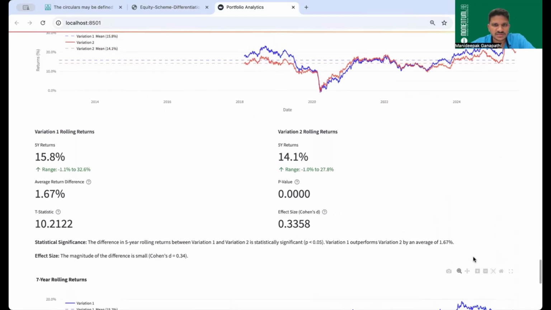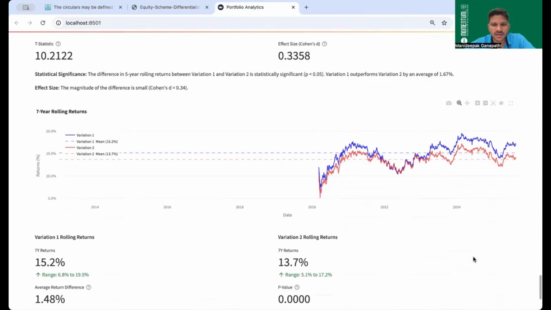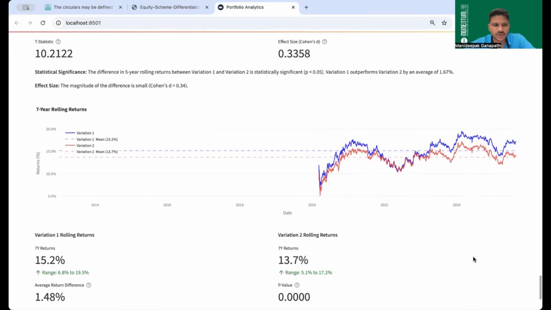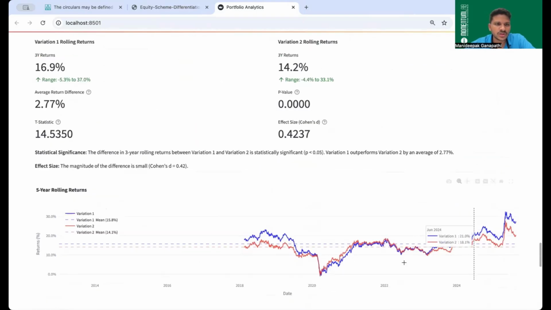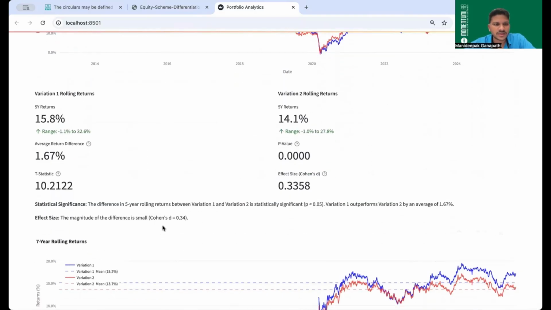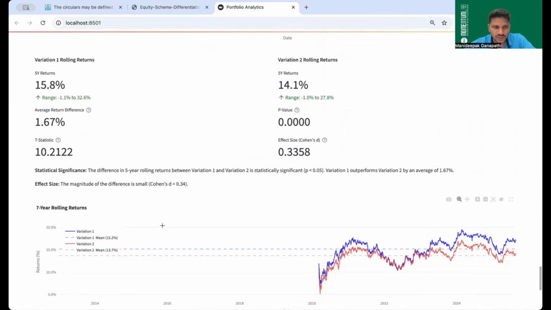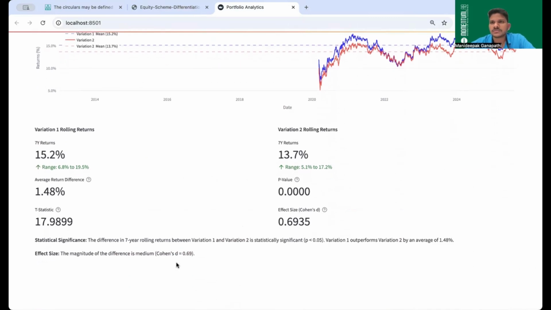So here you can see the 5-year rolling returns, and this is the 7-year rolling returns. The magnitude of difference between the fund and the benchmark is small. It's still small with 5-year rolling return, but with 7-year rolling return, the difference is kind of medium. So the longer you are staying in this fund, the higher the chance that you're beating the benchmark.